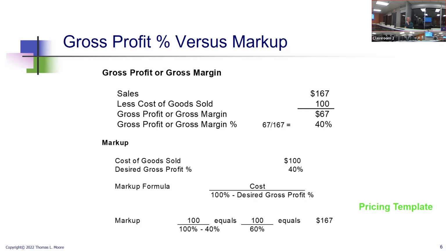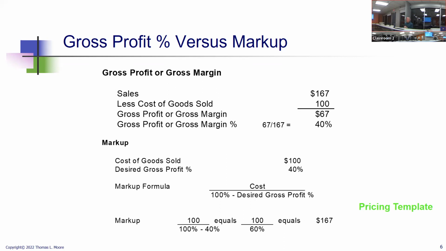You take your cost, which is divided by 100% minus your desired gross profit. So this would be 100% minus 40%, which is your desired gross profit, equals 60%. So your cost of $100 divided by 60% equals $167. You see how they got that?